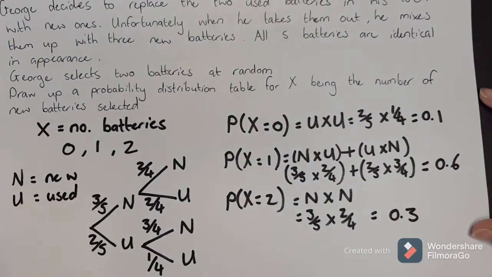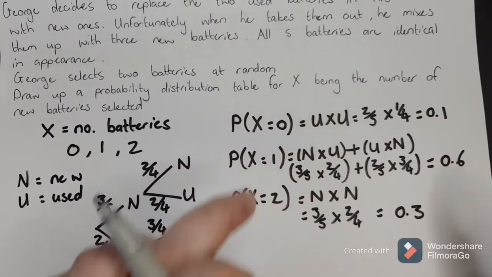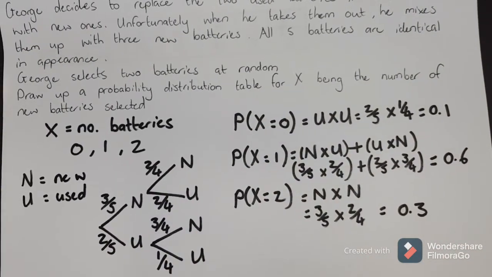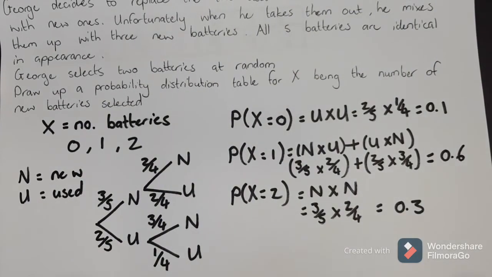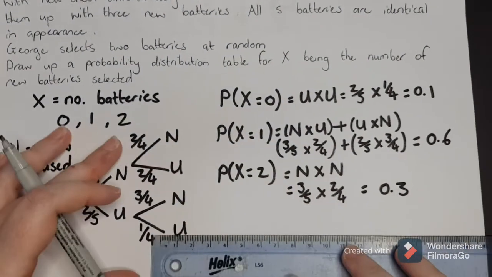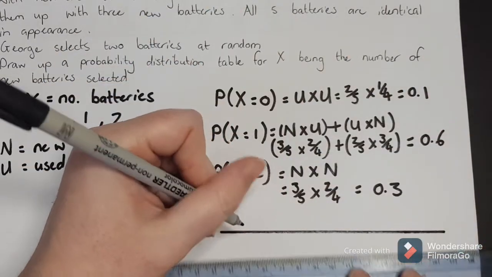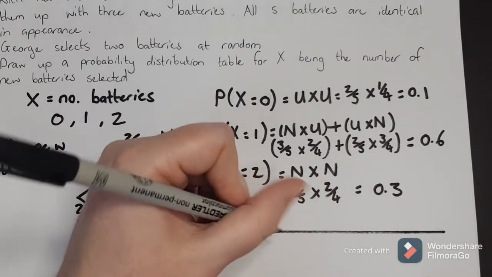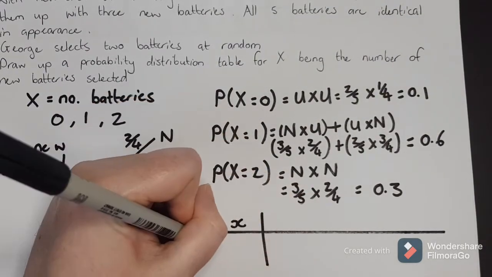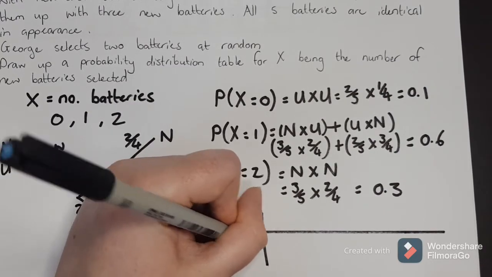So now we have the probabilities for when he picks 0 batteries, 1 battery, 2 batteries. So final step is we need to draw up the probability distribution table. So with our ruler, we draw in the lines. We say small x for each value that he chose, and then we say the probability that our variable equals that x.